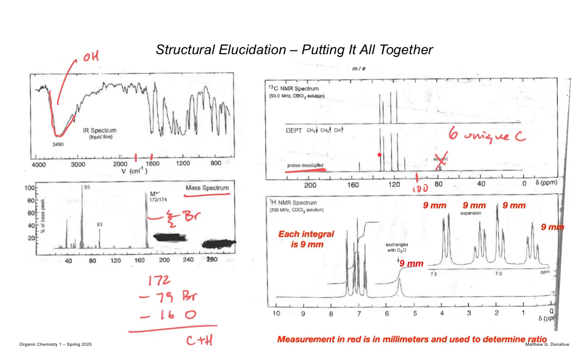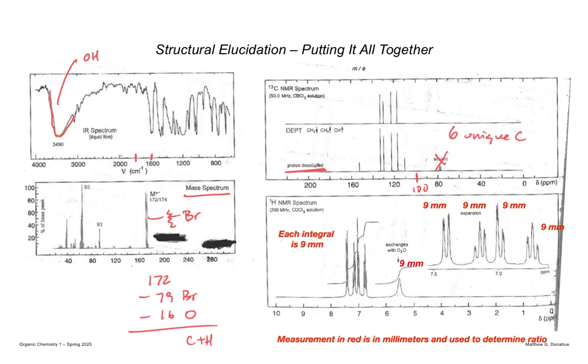What other functional group has sp2 hybridized carbon? Alkene. So that's a good starting point. So a carbon-carbon double bond. So we have 6 signals.